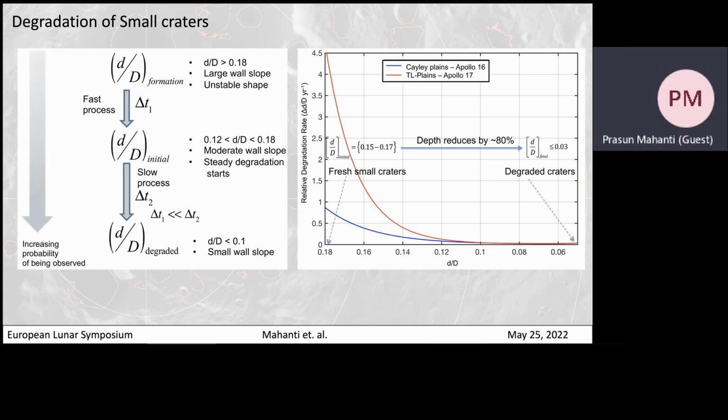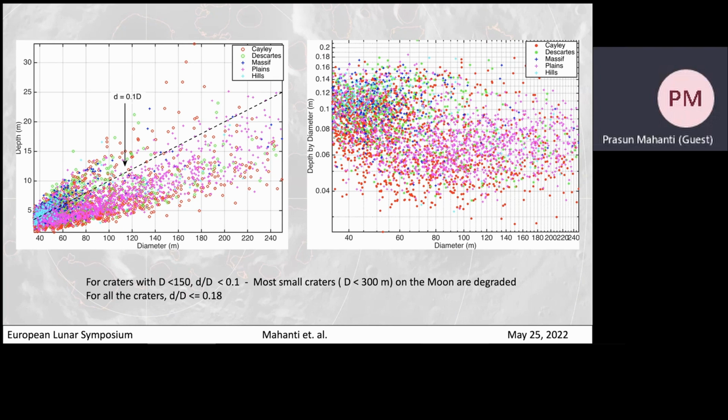So if I would use something like a morphological freshness classification, with classes A being the freshest and C being the most degraded one, then the C class takes up the maximum amount of time in the crater's evolution life cycle. Right. And this is one of our earlier works.